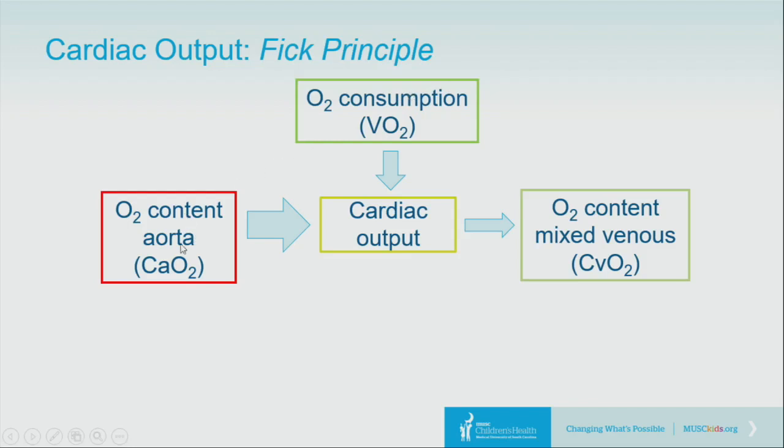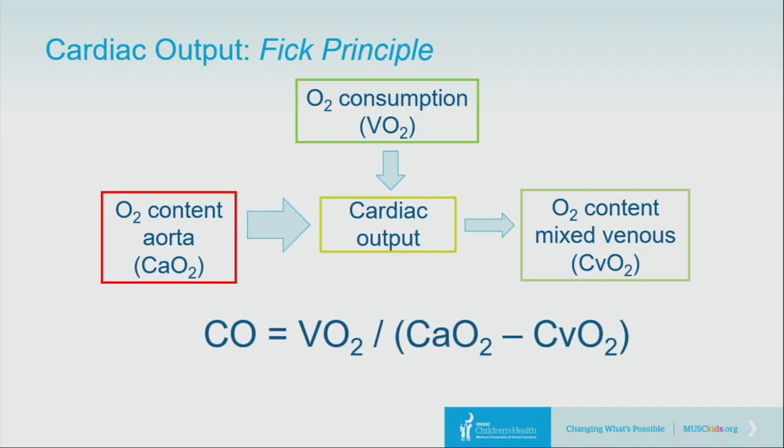One is the content of a marker going into that organ, in this case oxygen, how much of that marker or oxygen is consumed by the organ or body, and then how much of the marker or oxygen is in the venous circulation. And basically he described this relationship that you can calculate cardiac output by dividing your oxygen consumption by the difference between your arterial and venous oxygen content levels.